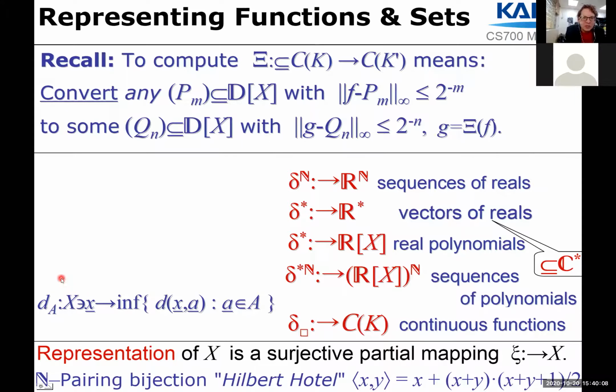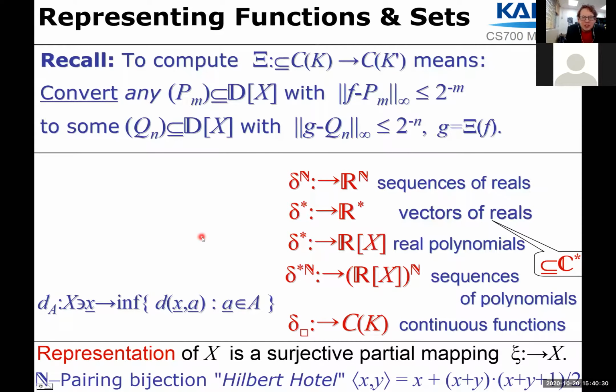We considered two versions, the continuous distance function and the fuzzy distance function. What you see here is the continuous distance function. So this is a definition of the continuous distance function of a closed subset A of the space X, where X now is supposed to be a metric space.